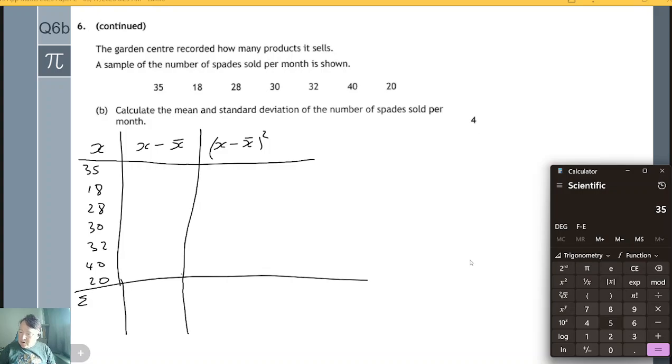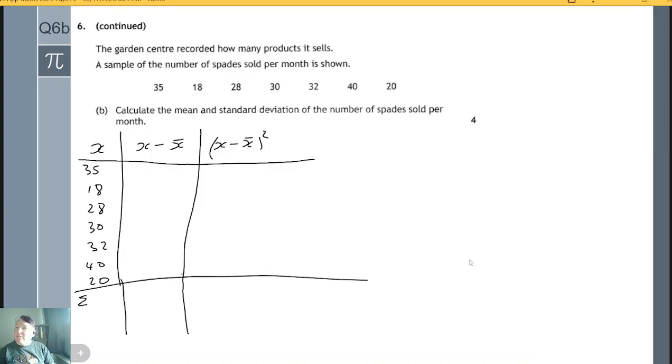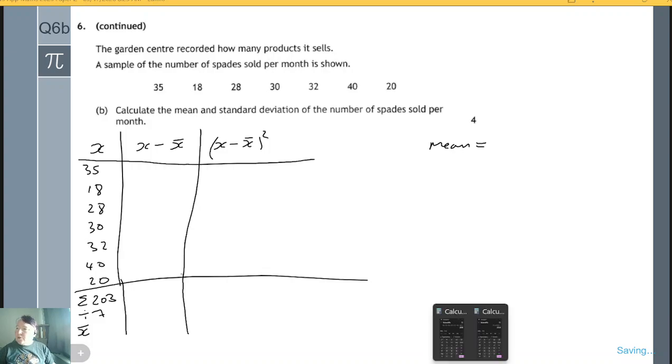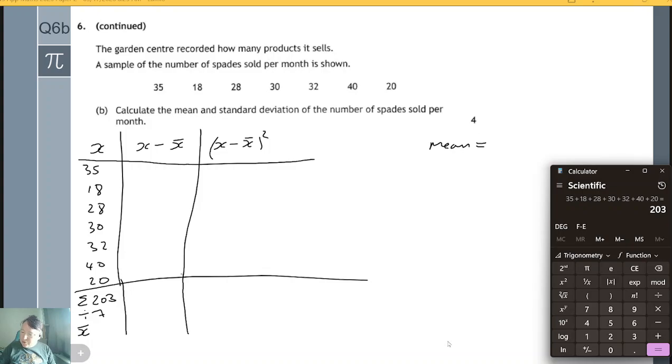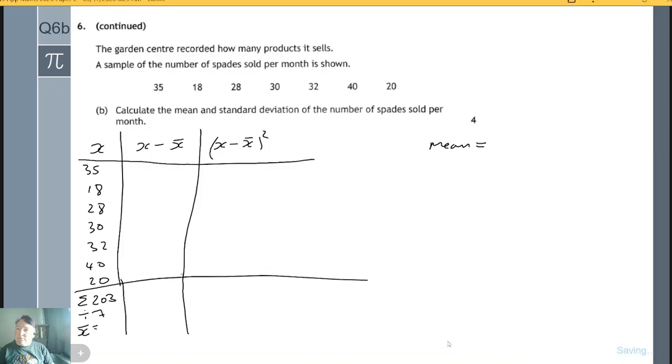Right, we have got 35 plus 18 plus 28 plus 30 plus 32 plus 40 plus 20. We've got 203. Right, and we've got 1, 2, 3, 4, 5, 6, 7. So we're going to divide by 7 to get our x bar, which is our mean. So 203 divided by 7 gets us 29.